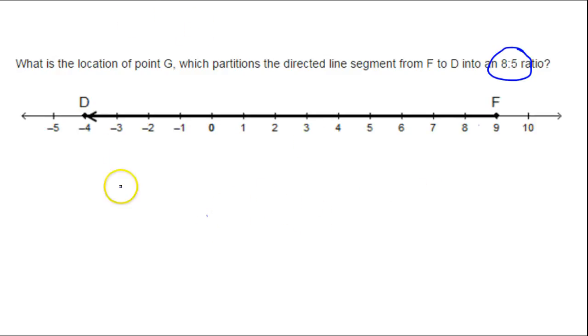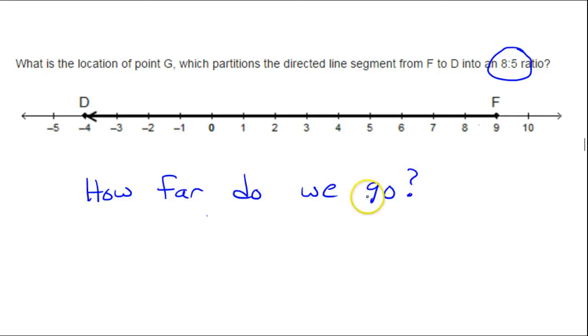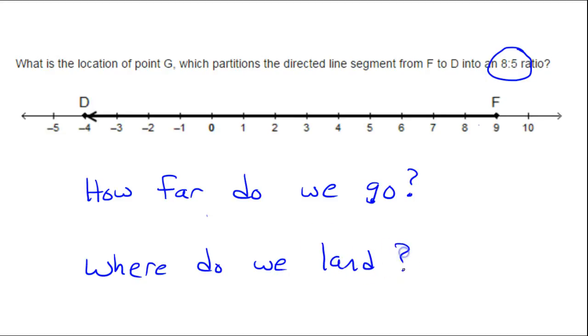There are two questions we need to answer. The first question is, how far do we go? And then we have to answer the question, where do we land? That'll be the final answer.